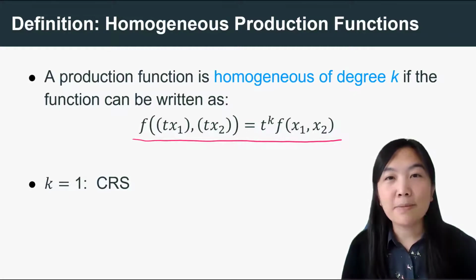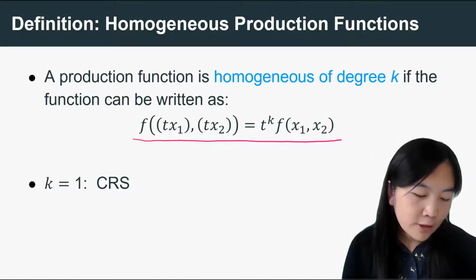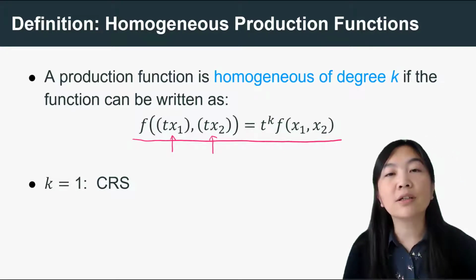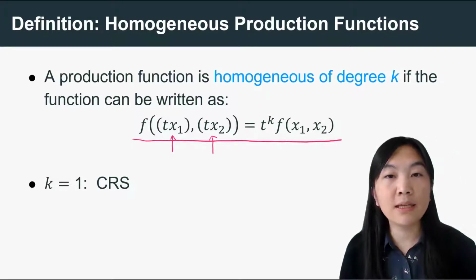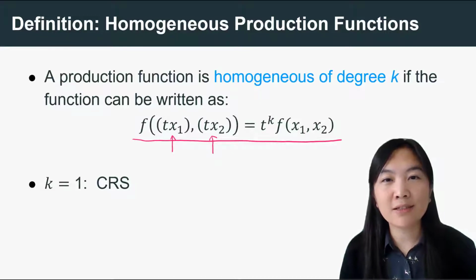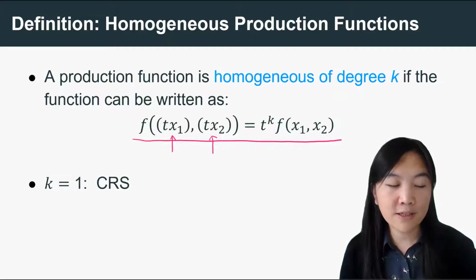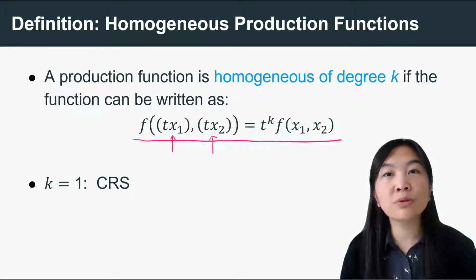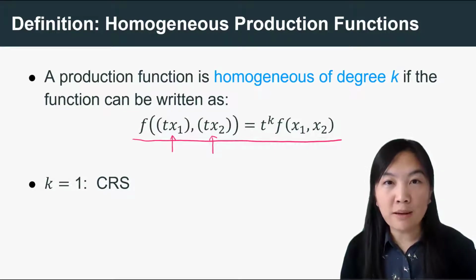So what this means is that for a production function, if we increase our input levels by t, so both x1 and x2 are scaled by t times. For example, if t equals 2, that means both x1 and x2 will be doubled.